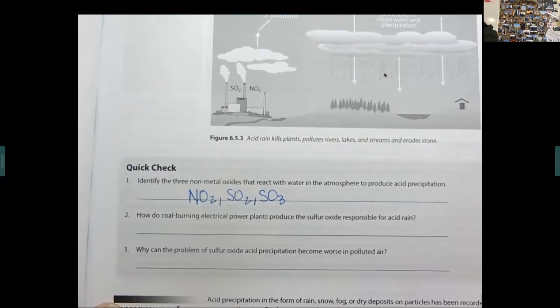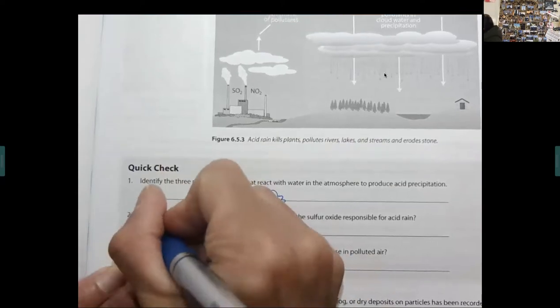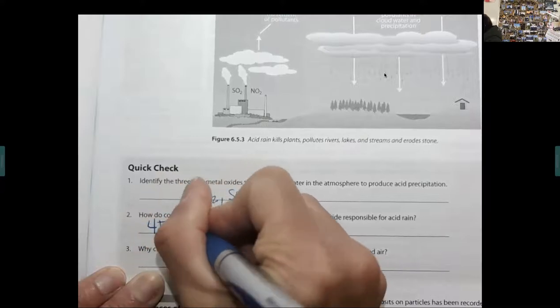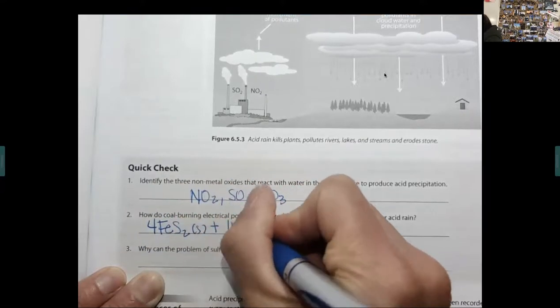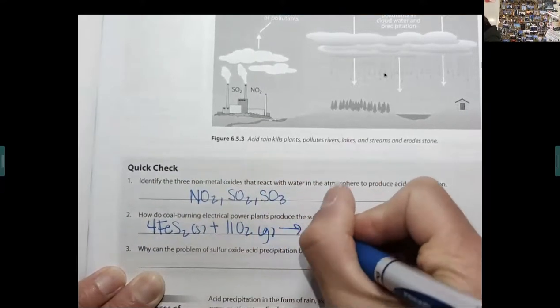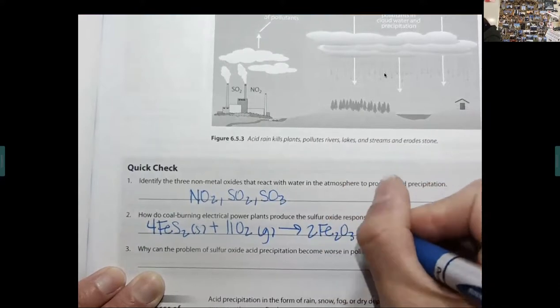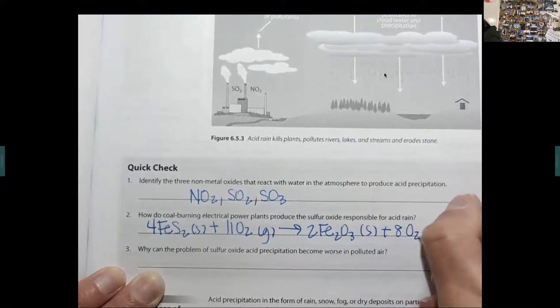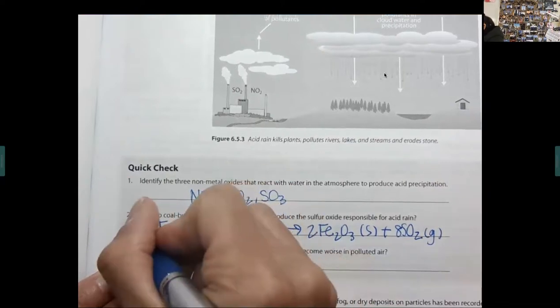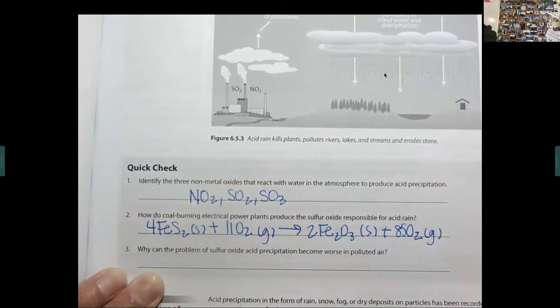How do coal burning electrical power plants produce sulfur oxide responsible for acid rain? Well, the reaction is this here. So this would be the combustion of impure coal that contains pyrite, which produces SO2. Why can the problem of sulfur oxide acid rain become worse in polluted air?